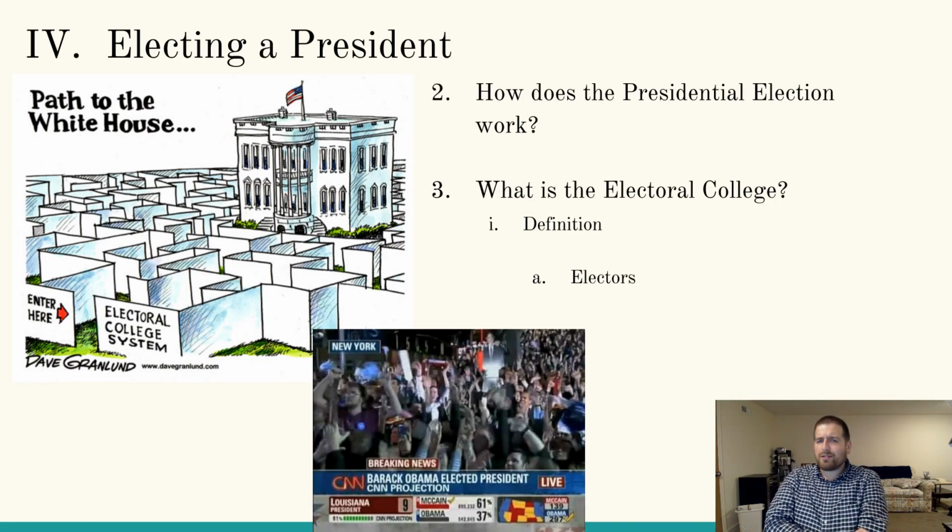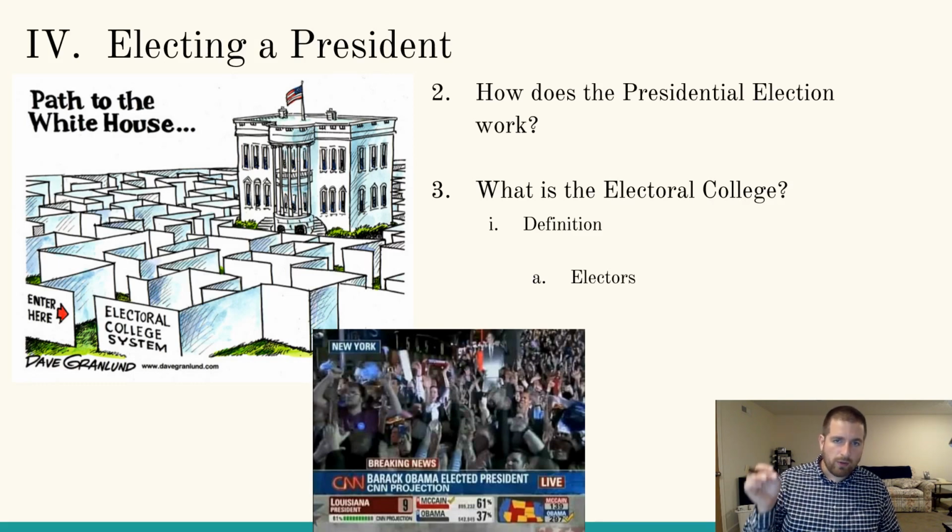So if it's these electors who vote for the president and cast the actual ballot, what are we voting for in November when we go to vote? Well, you are actually voting for the electors who have pledged to vote for a specific candidate. So those electors can then go vote for the president and vice president. When you go to the polling precinct and you go into your booth, you'll see it'll actually say, who do you want to vote for president?